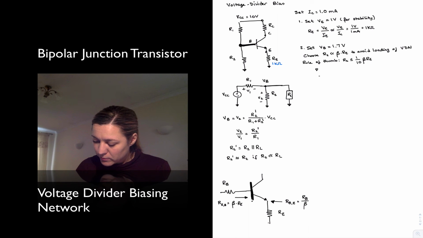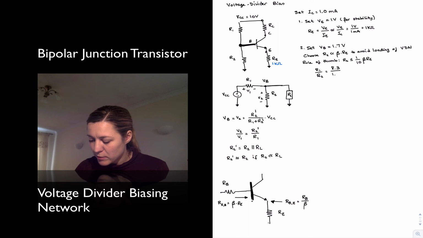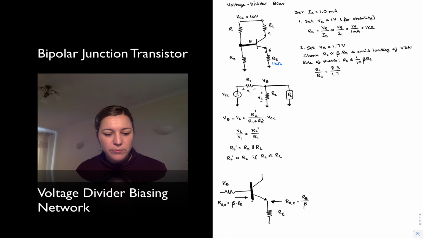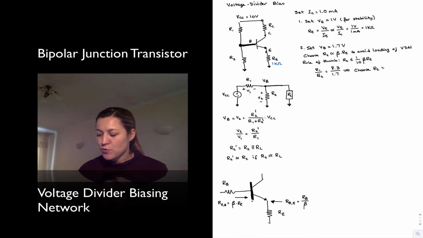But if we meet that rule of thumb, then we will have that R1 over R2 will be approximately equal to VCC, which is 10, minus the base voltage, which is 1.7, or 8.3, divided by 1.7. And so we're going to select R2. Again, there are multiple values of R1 and R2 that will meet this.